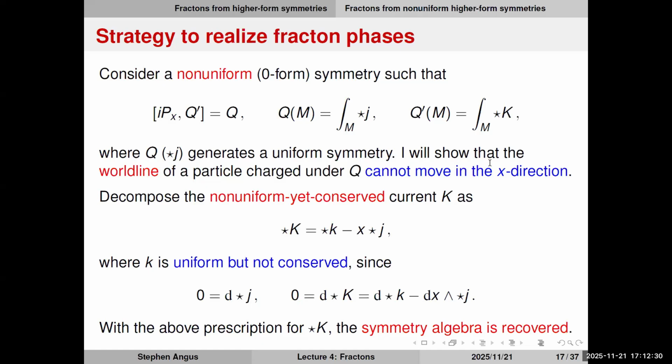And then we can write Q as the integral over some spatial manifold of star j, where j is some current. And we can also write Q prime as the integral over the spatial manifold of star k, another current. So Q, and correspondingly star j, generate a uniform symmetry.